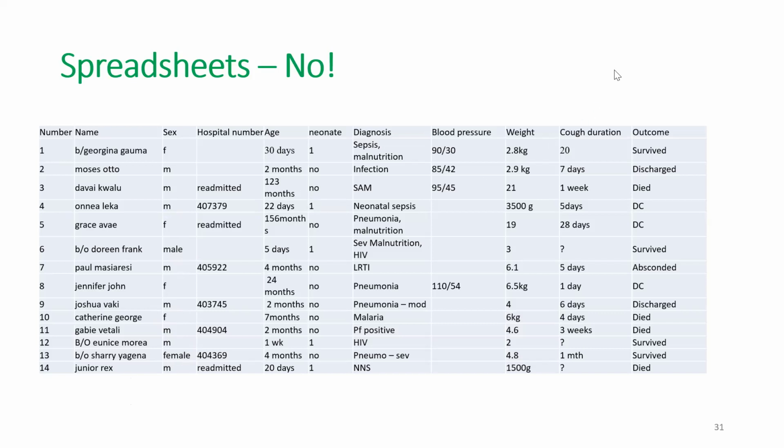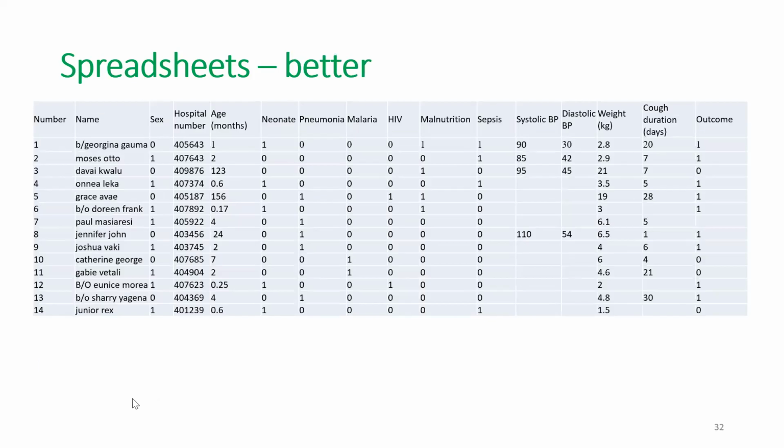All right, so this is the spreadsheet when it was fixed up. And there's a number of things you can see. It's the same spreadsheet, but it's been fixed up so it is analyzable, okay? And so the age is in months, and like I said, we've put the age in as fractions of months or whole numbers. If the patient is a neonate, then they get a 1.